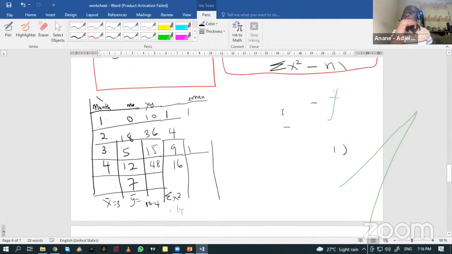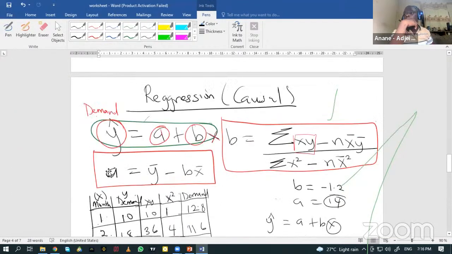And the formula for finding a is also this one.